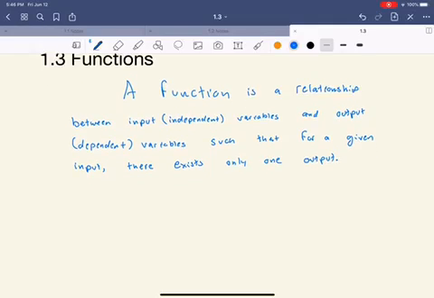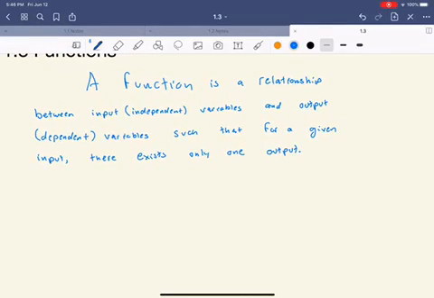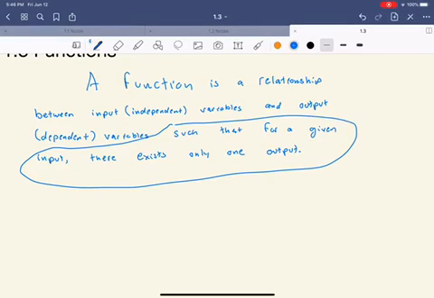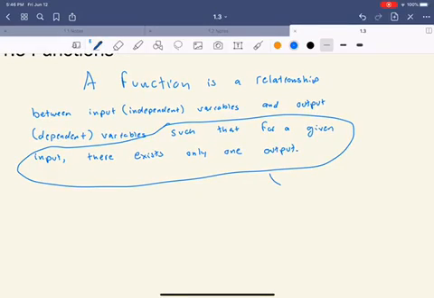Okay, and that definition right there, you could consider it as the start of the vertical line test, what you might call the vertical line test.